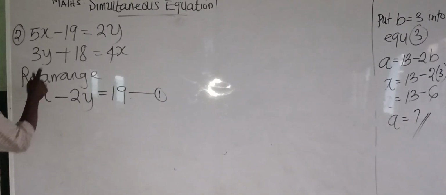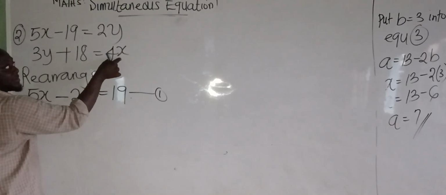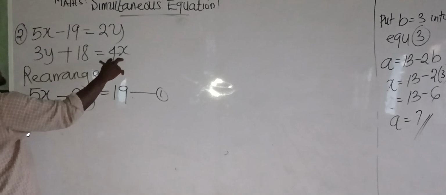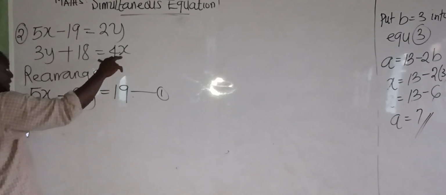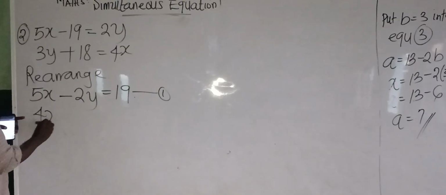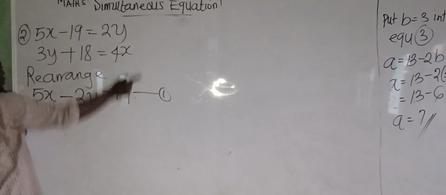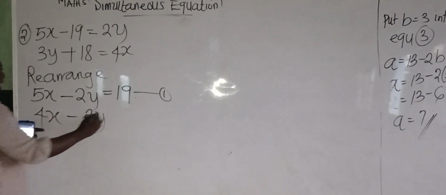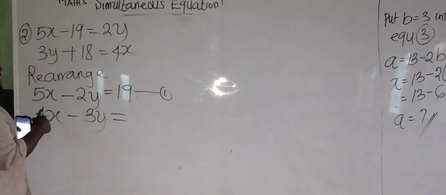Same as this now. So look at this one now. This is how you do it. Since this is plus, this one is plus. I'll take this one to meet it here. So I will start from 4x here, plus 3y going over here, so that we'll have it arranged like this. Then equals to, please watch me.